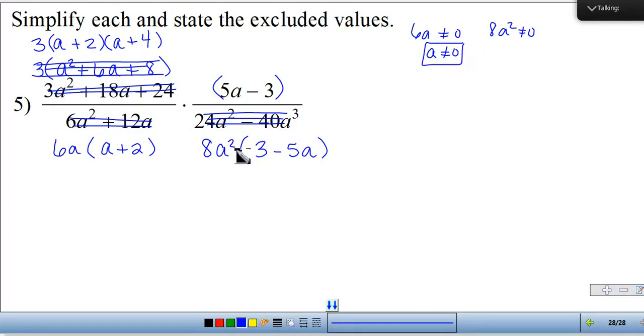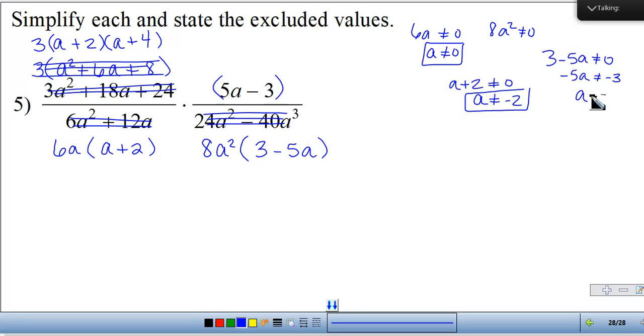Now, the a plus 2, if I set that not equal to 0, then I find that a cannot equal -2. And then finally, I have 3 minus 5a. When I set that not equal to 0, I'll subtract 3 and then divide by -5. So a cannot equal +3/5.